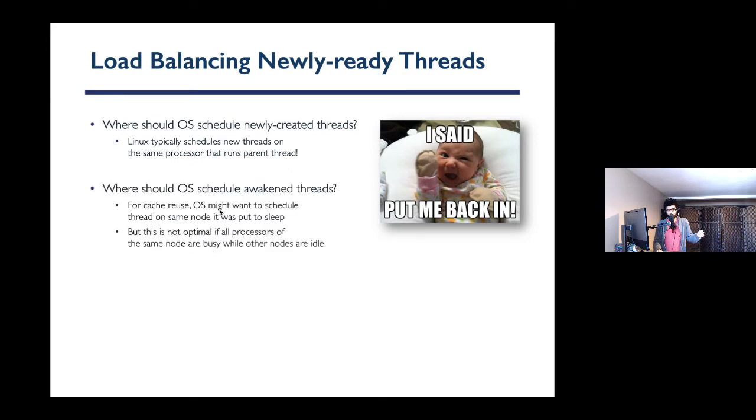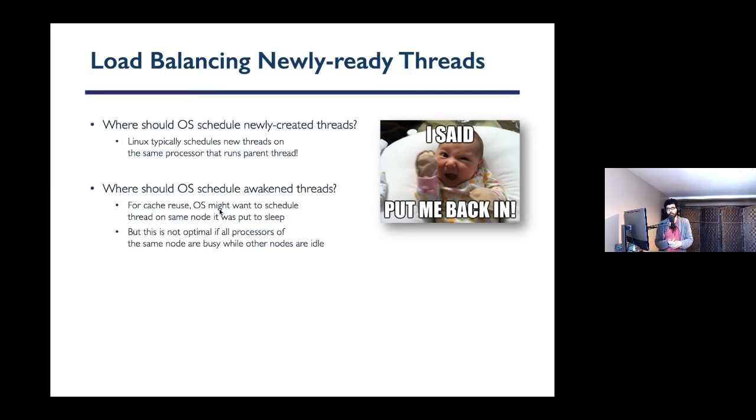What about threads that were blocked or were on I/O and now they come back? Where do they go? One naive way of doing it is, well, put them back where they came from. So where they ran last time becomes their home. That's one way. But here is the problem.